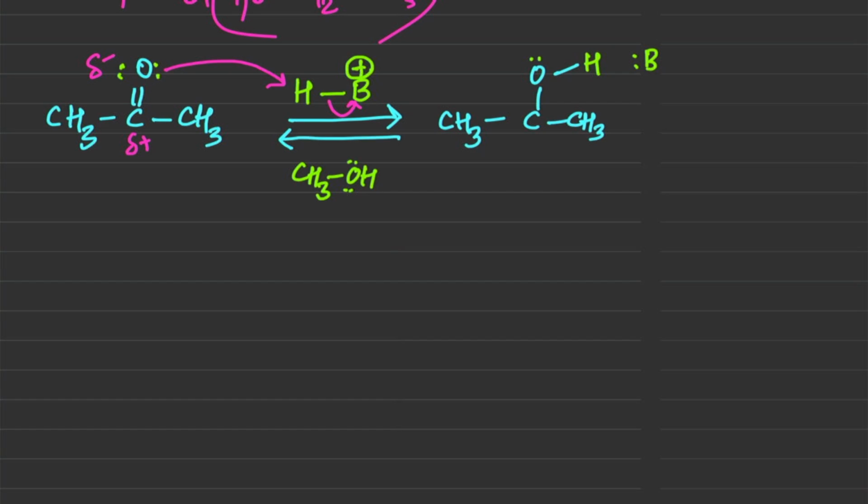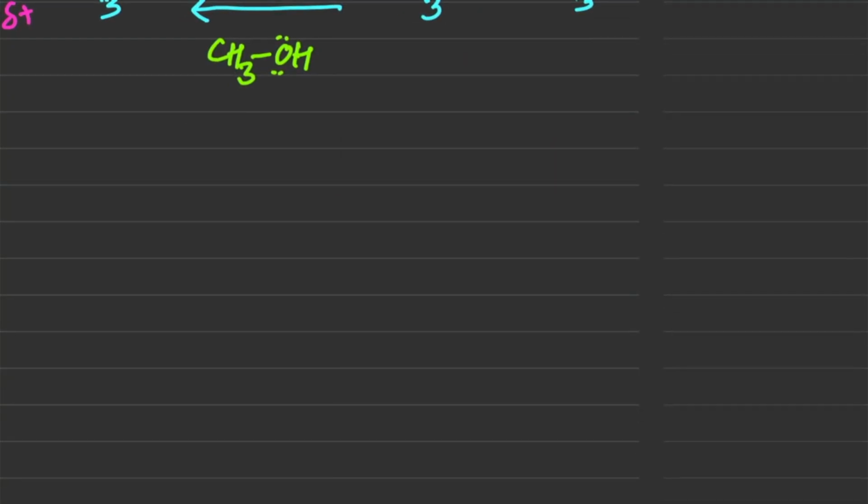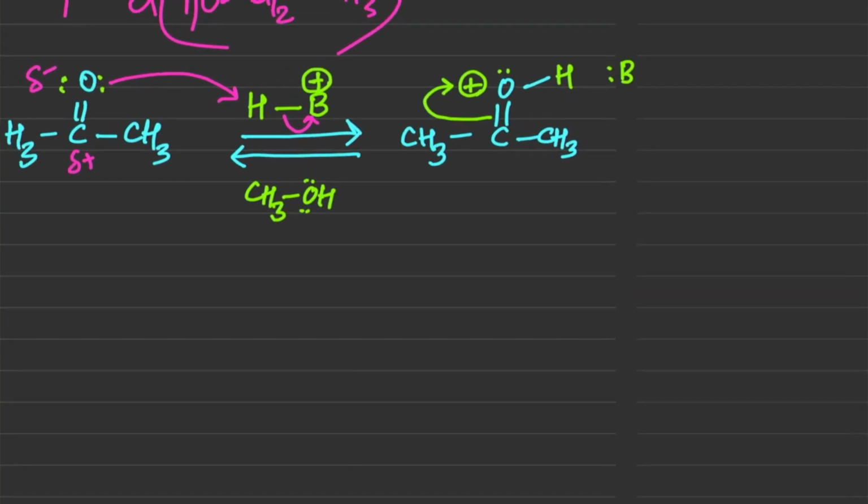I'm just using simple methanol. I'm going to redraw whatever we did before. Again, we had a positive charge on oxygen. We neutralize the positive charge on oxygen by moving the pi electron, and that creates an electron deficient center. So it makes the carbon atom more electrophilic.